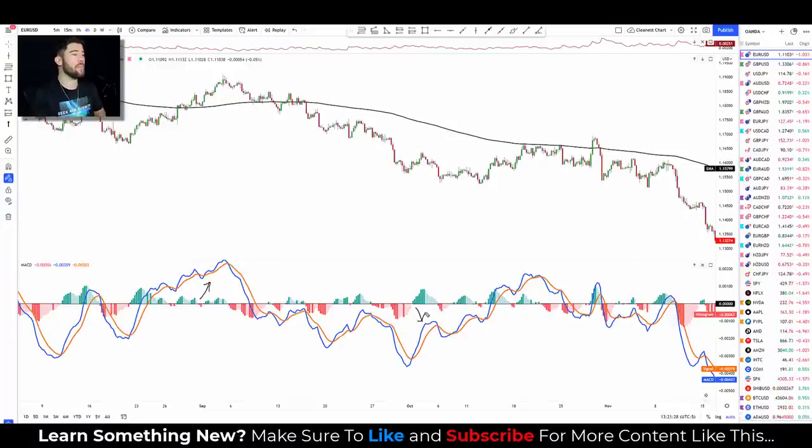Just to give you an example of this, something we would look at possibly is the 200 EMA. Price needs to be below that for us to consider something in a downtrend. Then we want to combine that with both the signal line and the MACD line being below zero on our MACD indicator as an extra confluence that we are actually in a downtrend.